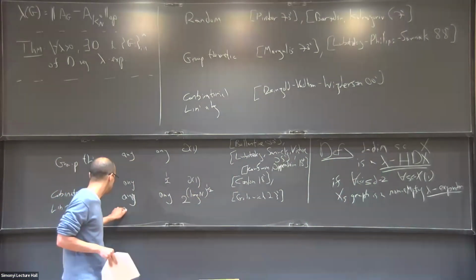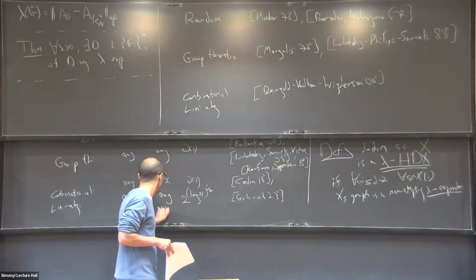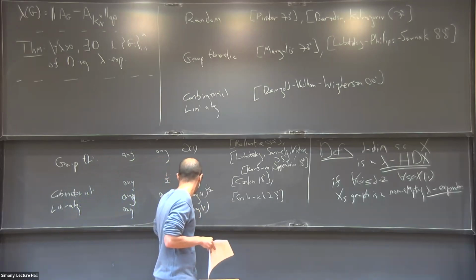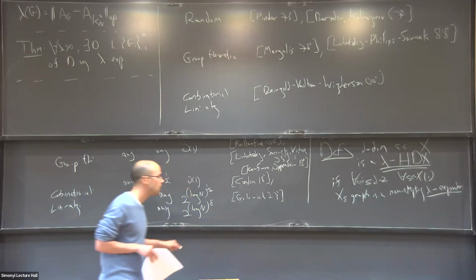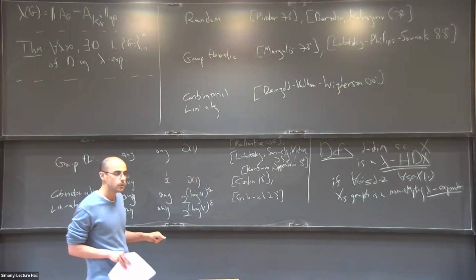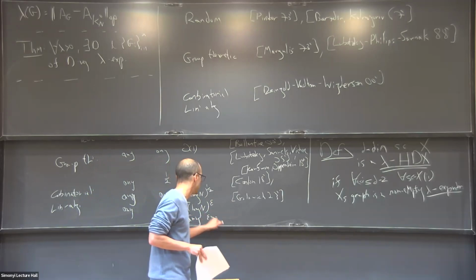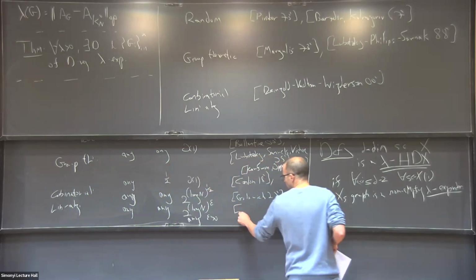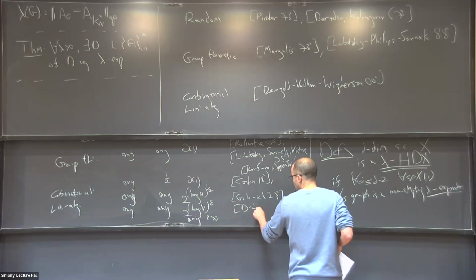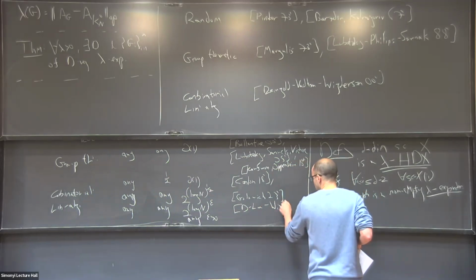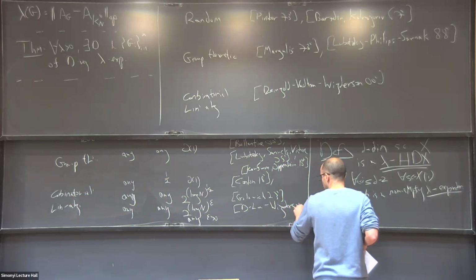Our construction is going to do the same thing, but instead of getting 2 to the log n to the half, we'll get 2 to the log n to the epsilon for any constant epsilon. I think we can probably do sub-constant, but we haven't figured this out yet. It's just doing some calculations.